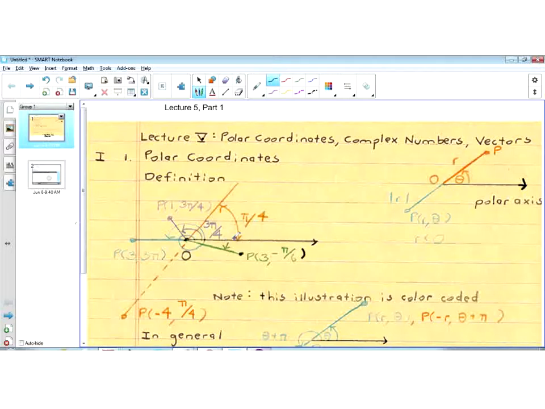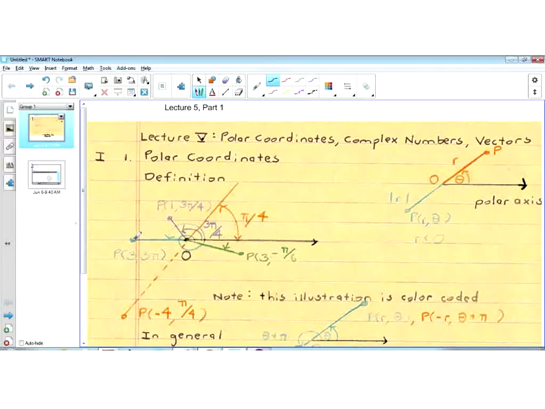So if you go out 3 units from the polar vertex on the polar axis, and then you rotate yourself pi over 6 clockwise, you'll end up at this point in space, and the coordinates will be designated as 3, negative pi over 6. Now consider the blue point right here.